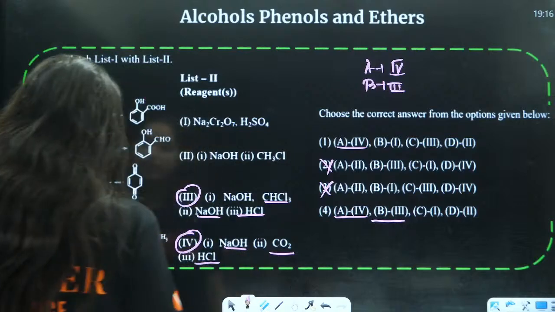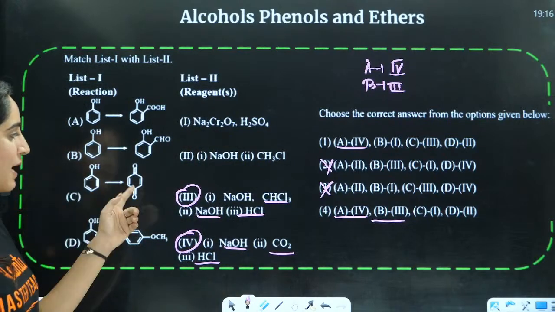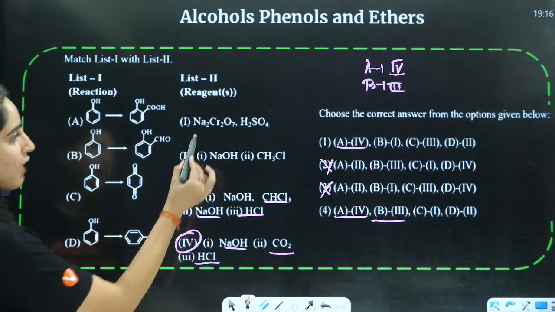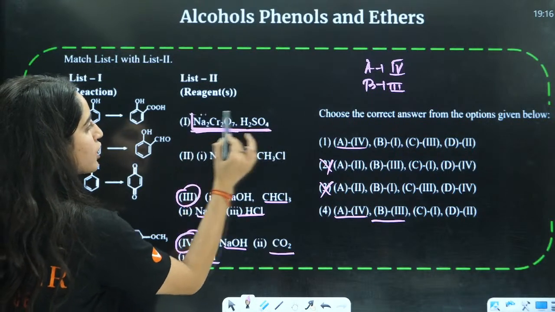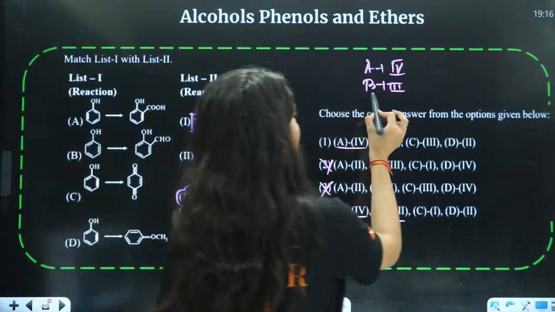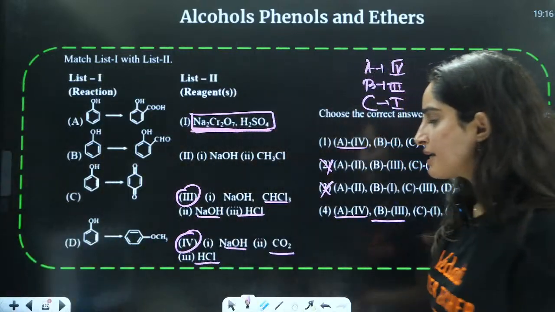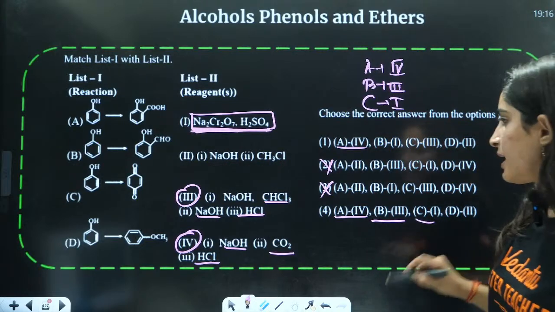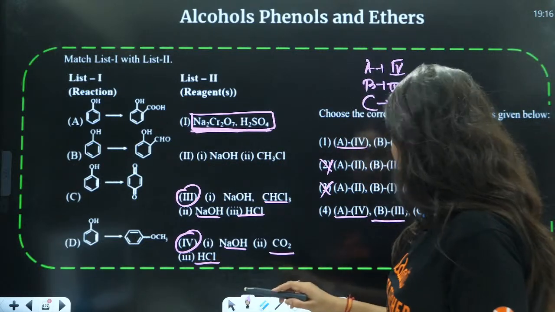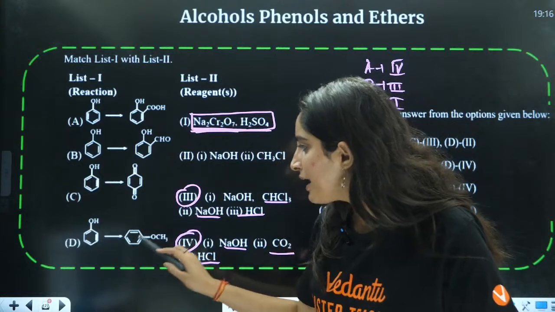Then you have alcohol to benzoquinone. Then you should have Na2Cr2O7 and H2SO4. So the answer is first one. So C is first. Then the last one, you have phenol and you need to convert.